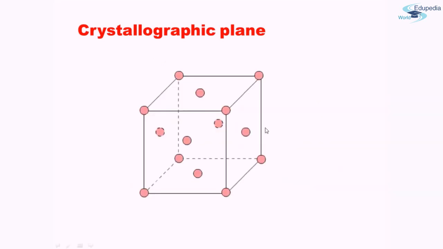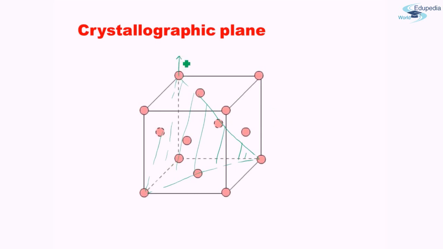Next, let us see for the face-centered. The close packed direction was this direction, right? The close packed plane will be one in which the 3 face centers will lie. So this will be my close packed plane. Where does it cut?